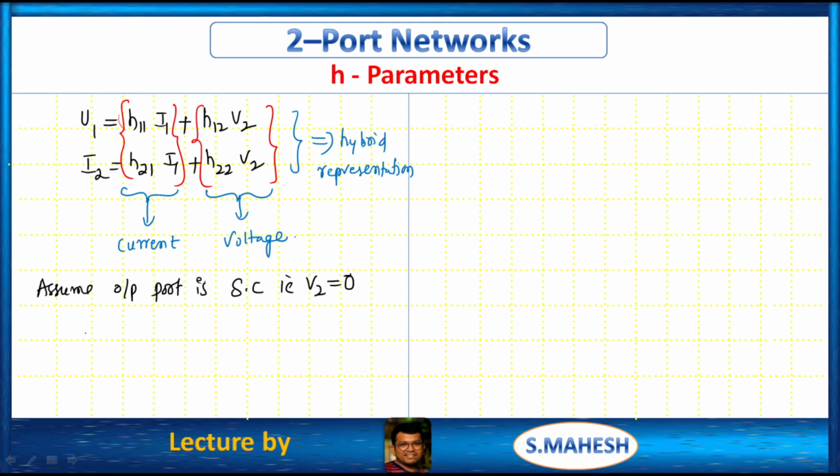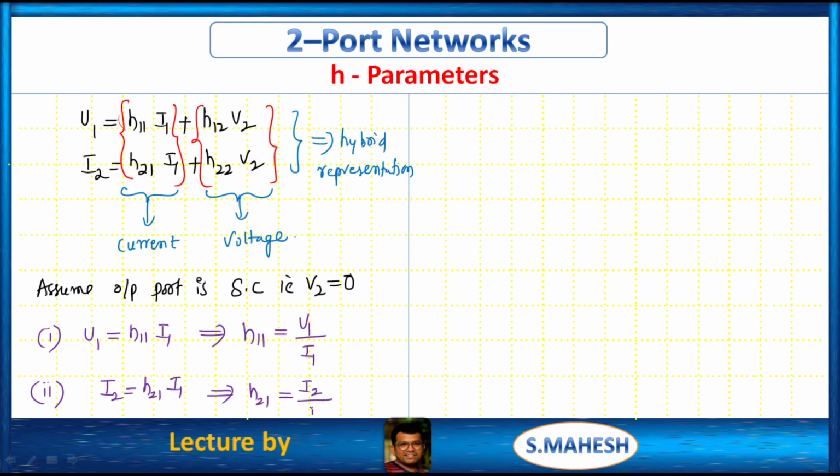When V2 equals 0, V1 equals H11 I1, so H11 is nothing but V1 by I1. This is the first one. Second one: I2 equals H21 I1, right? From this H21 is nothing but I2 by I1.